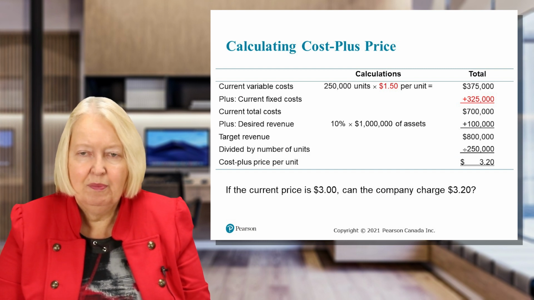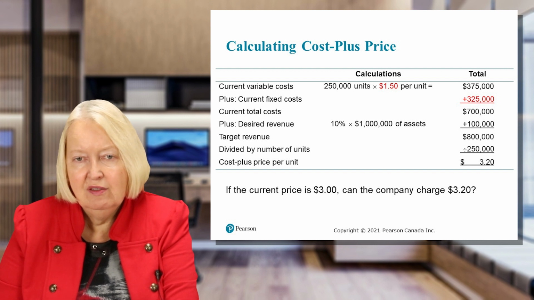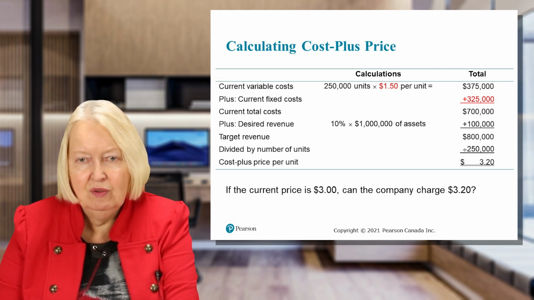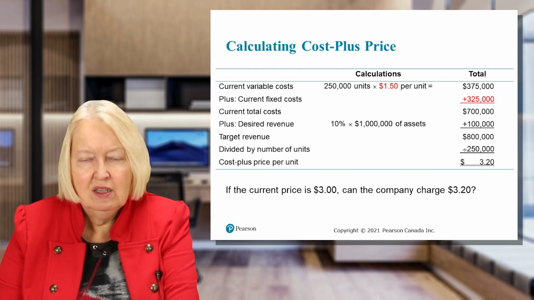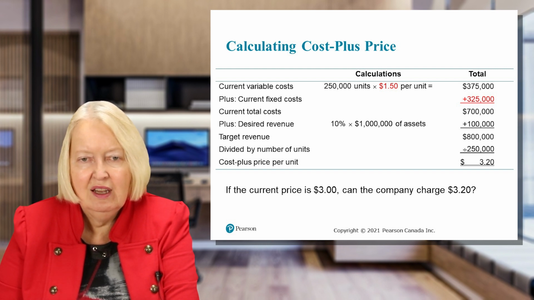So cost plus pricing. So say if you are selling 250,000 units for $1.50 a unit, your variable cost is $375,000. And you might have fixed costs of $325,000. So total cost, $700,000. And typically, most businesses would have a desired revenue.